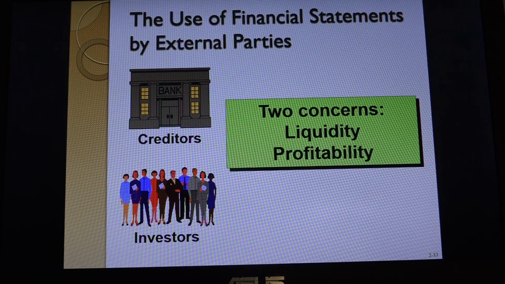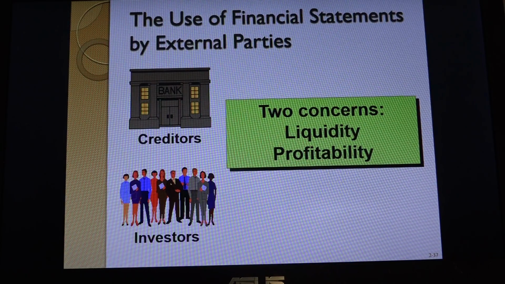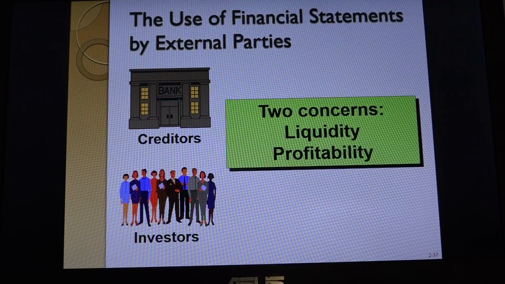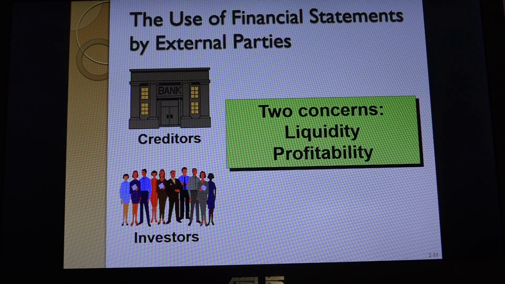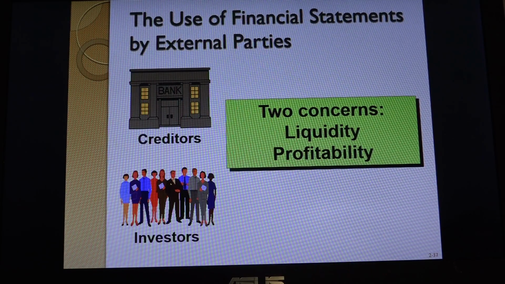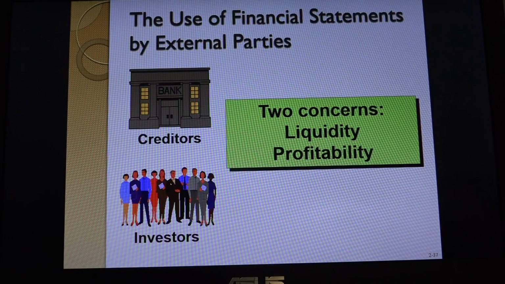Now, of course, they want you to be liquid as well, because if the company's liquid, they can pay dividends in the future. But profitability is probably a bigger concern. Again, different external users look at different things in different ways.